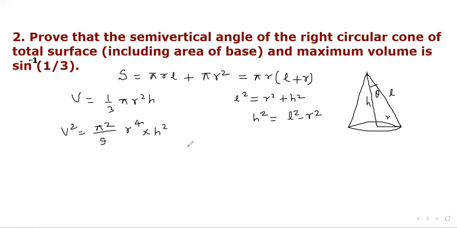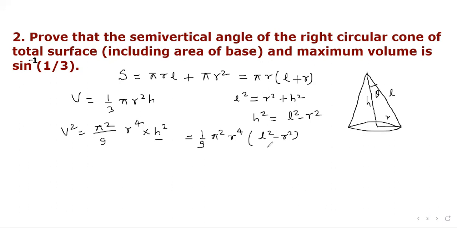So we can put the value of H square here. So we can get 1 by 9 pi square R power 4 times L square minus R square.